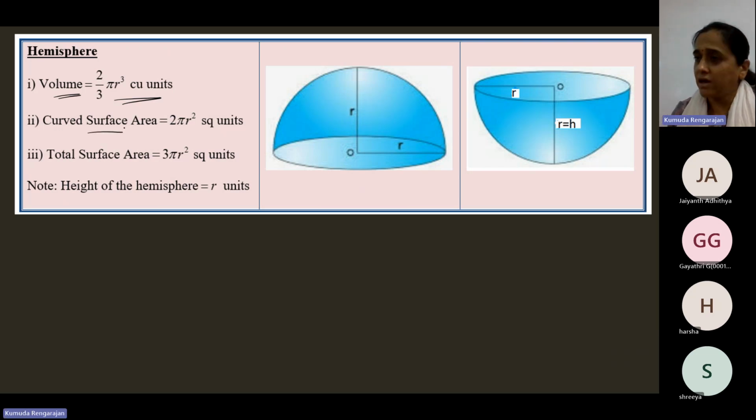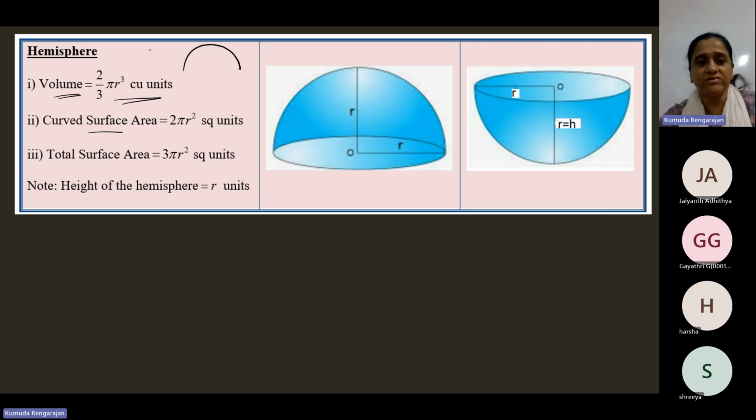In a hemisphere, you can differentiate between curved surface area and the total surface area, right? Now, if you take the example of a cricket cap, leave that shade which comes in the front.